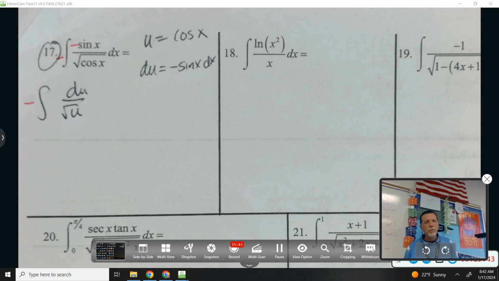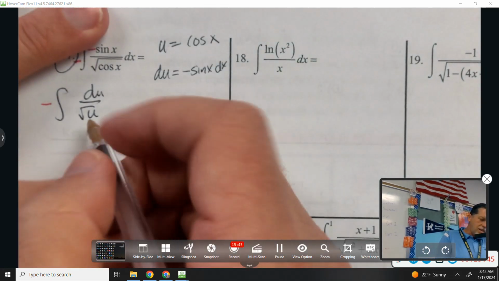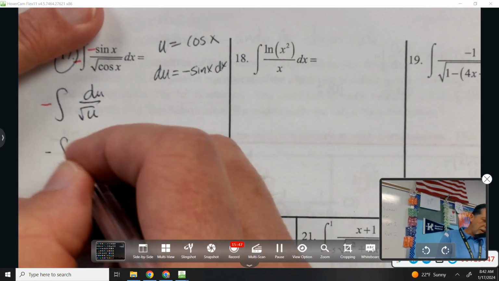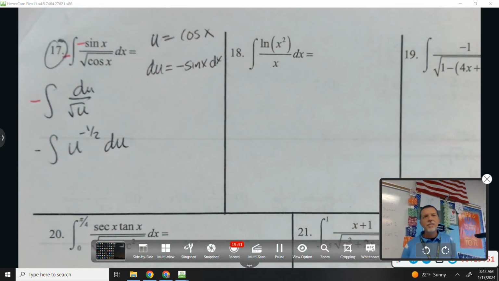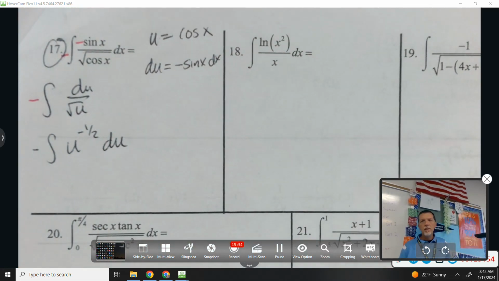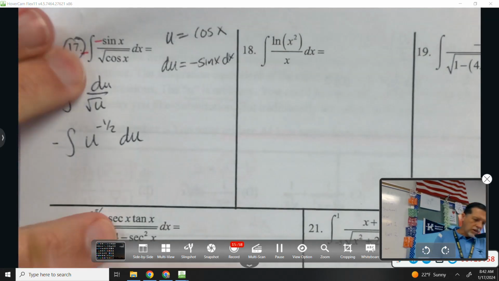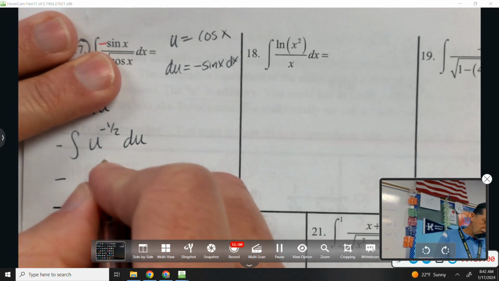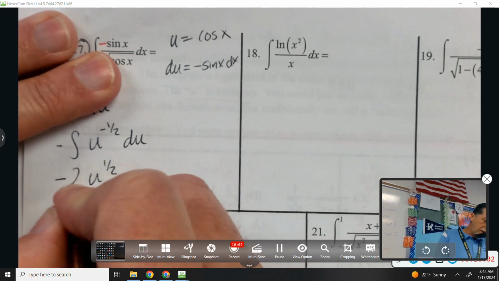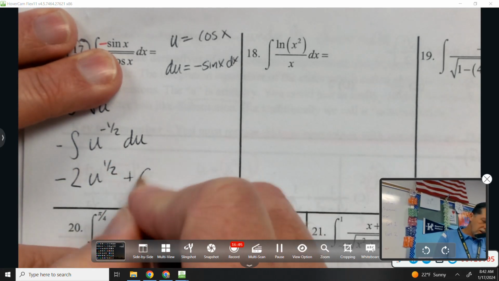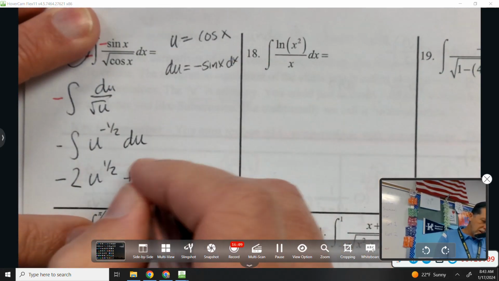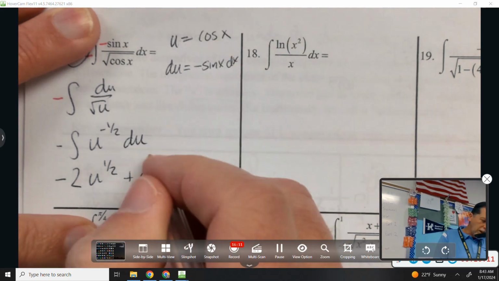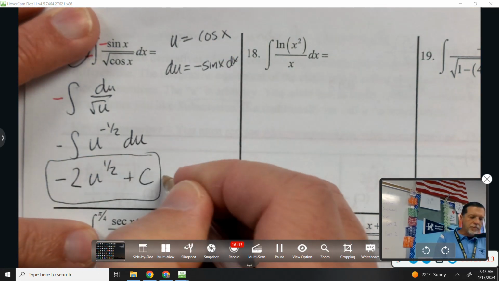I don't like roots though, because that's a prime spot to mess something up. I'm going to rewrite that as a power, and that just makes it a whole lot easier. There's not really a root rule. There's a power rule. So increase the power by 1, divide by the new power, plus c, because there weren't limits to even worry about. I'd said what u is, so I can leave it like this and be done.